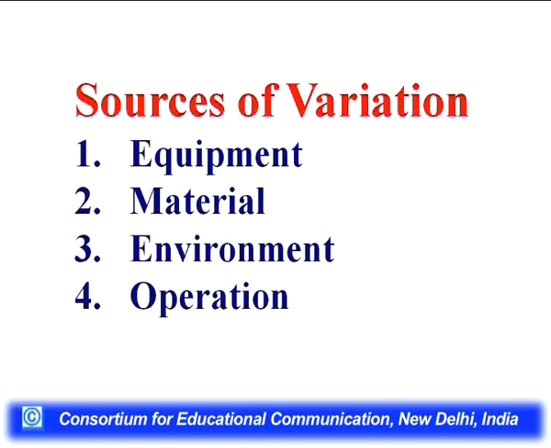Environmental conditions like temperature, humidity, etc. change the parameters of the process being used for manufacturing a product, and the quality of the product changes, and the variations are introduced, and these variations are called environment generated variations.